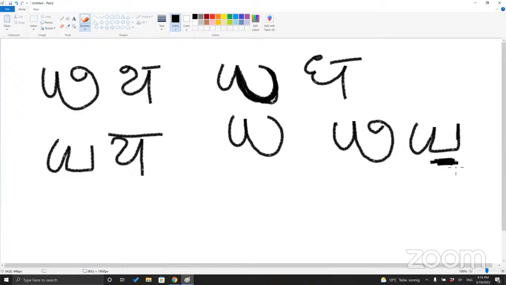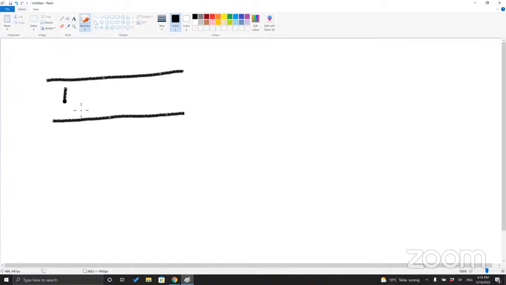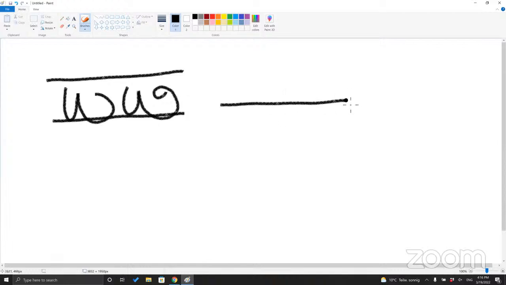So in print, usually if there's a line, you find it like this. What I do when I write is try to dip it a bit down so that it's clearer that it's the Tha and the Dha, not ya, so that people don't confuse.